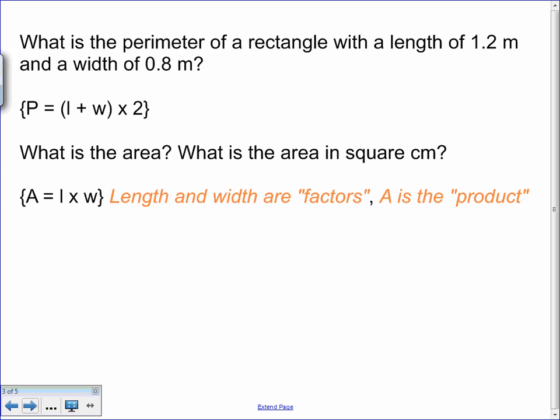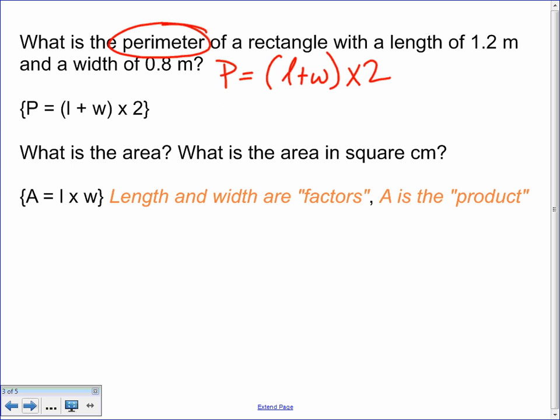So here's a practical application for you. What is the perimeter of a rectangle with a length of 1.2 meters and a width of 0.8 meters? Now remember, be very careful in this unit. We're going to go back and forth between perimeter and area quite often. Remember, perimeter equals a length plus a width times 2.